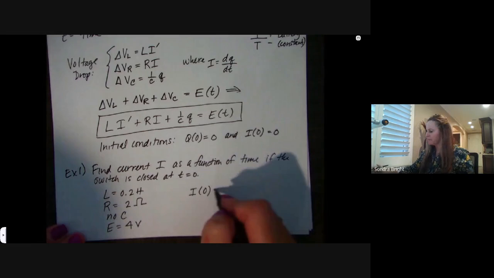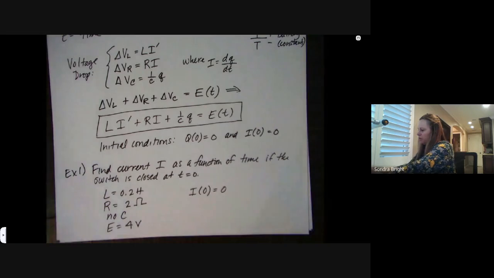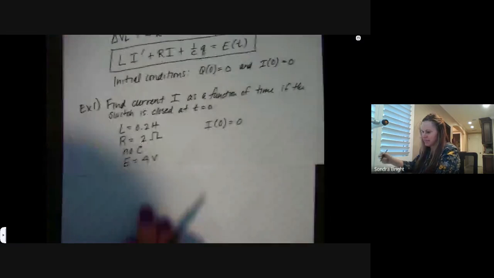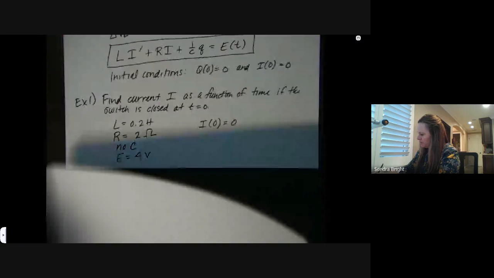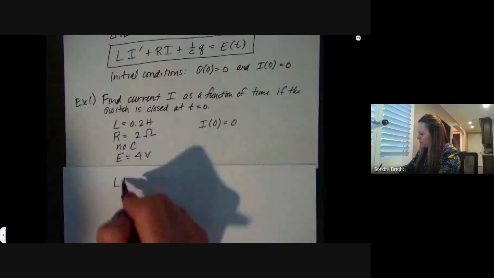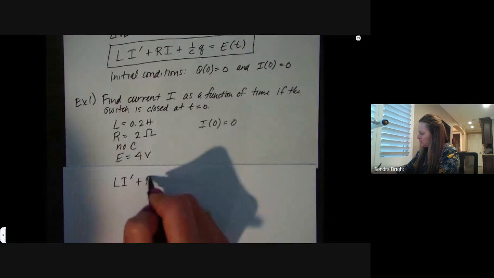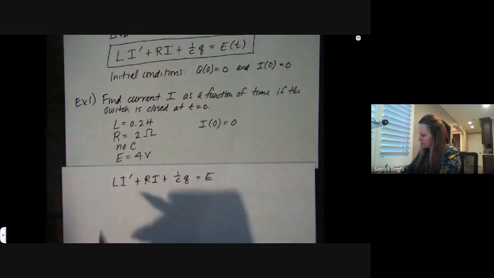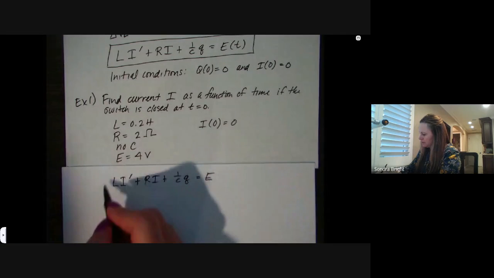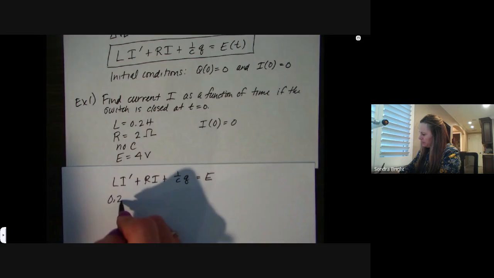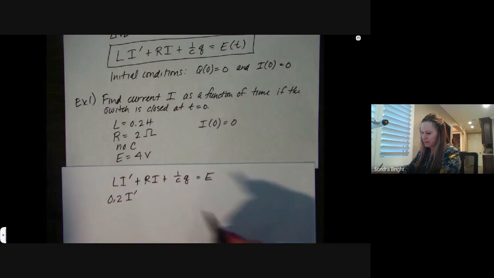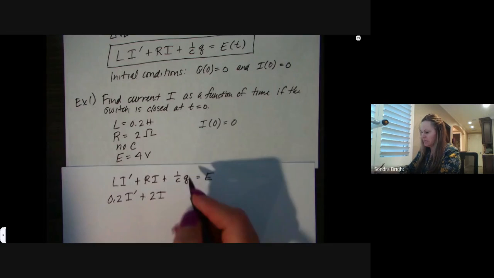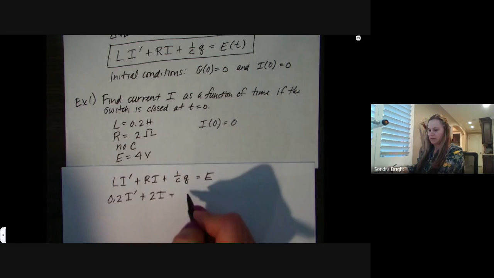And there's no C. So we're going to use this equation from one of Kirchhoff's laws: Li prime plus Ri plus 1 over C times Q is equal to E. L is 0.2, so we'll have 0.2 times I prime plus resistance is 2, so 2I. There's no C, so we don't include that, and then equals 4. So there's our equation, and we want to find I.